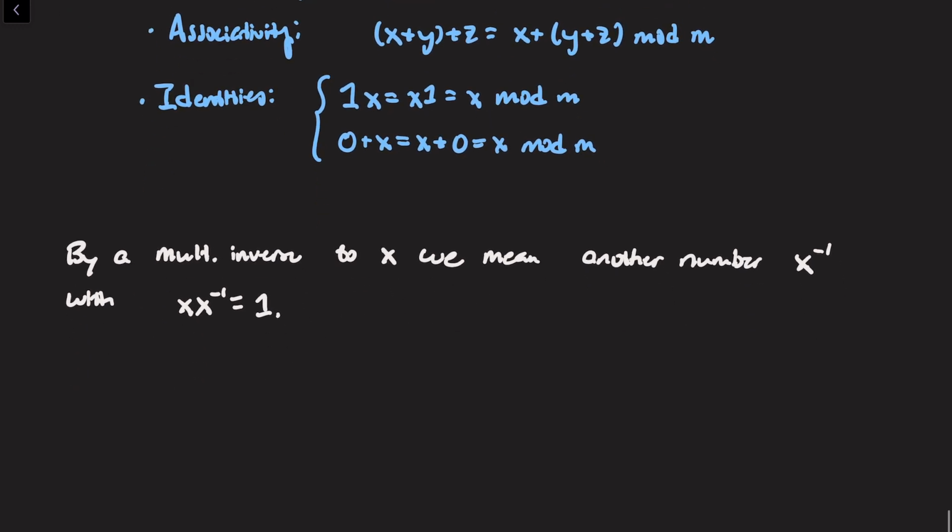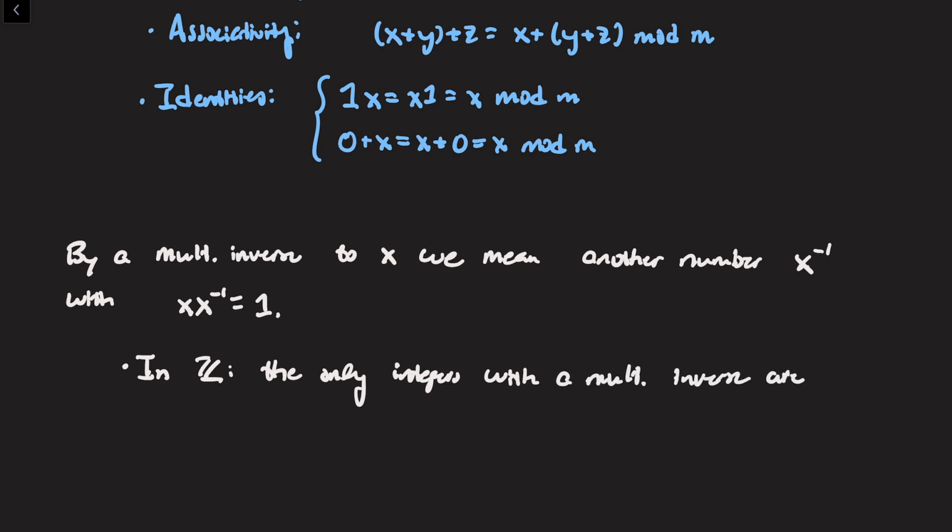So in the integers, if we restrict our view to the integers, the only integers with a multiplicative inverse are, sorry, are minus 1 and 1. They're plus or minus 1.